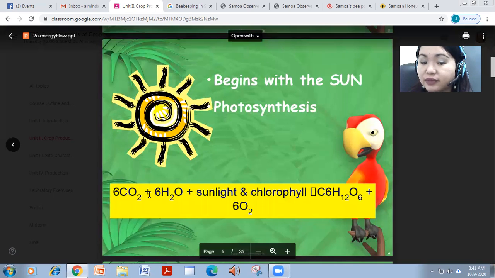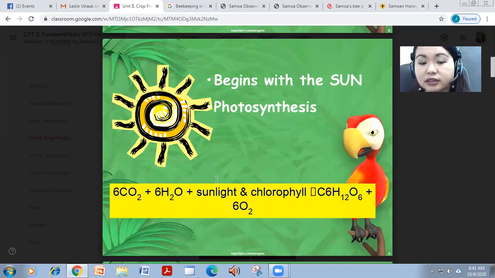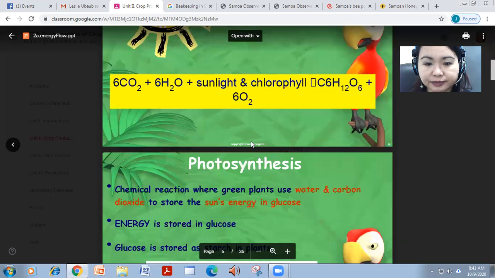So they make use of carbon dioxide and water with the presence of sunlight and chlorophyll, which picks up the energy from the sun. So they are able to produce carbohydrates with the release of oxygen. And take note, we use oxygen for breathing, not only humans, but also animals.